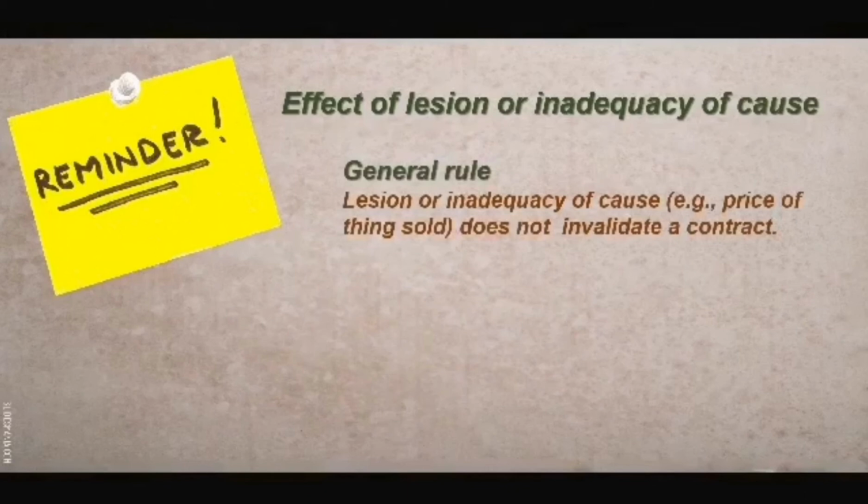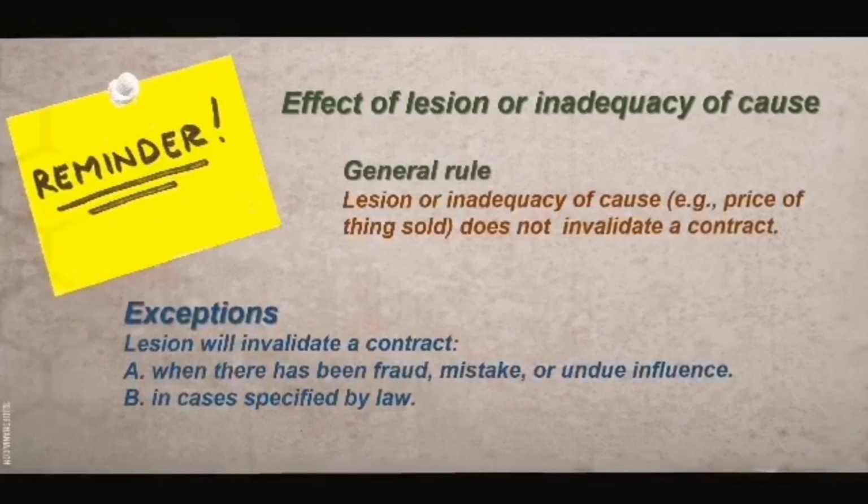So, sabi nga ng law, you have the freedom to make your own stipulation. Baka gusto mo lang talaga ng mas mababang price para mas mabilis mabenta yung car mo, kaya binabaan mo yung presyo. So, there are two exceptions when lesion will invalidate a contract: when there has been fraud, mistake, or undue influence, and in cases specified by law.